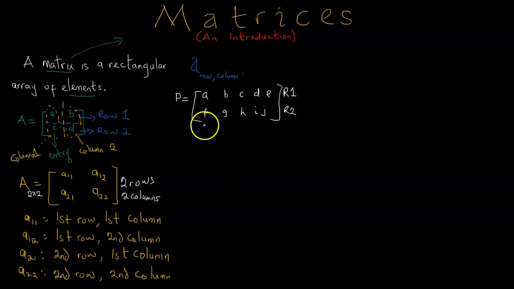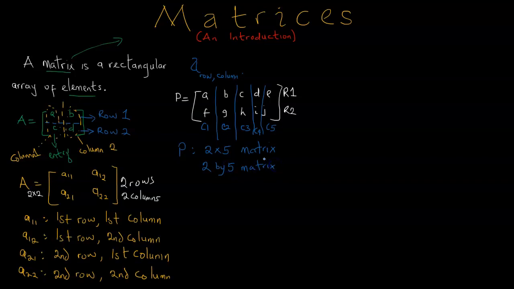Also, there is column 1 right here, column 2, column 3, column 4, and column 5. Therefore, this matrix P is a 2 by 5 matrix. So we are going to start with the rows, then the columns. So this is a 2 by 5 matrix.